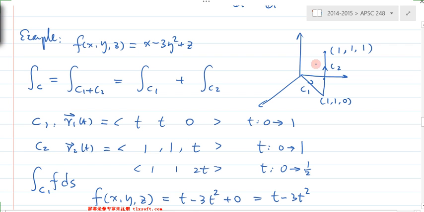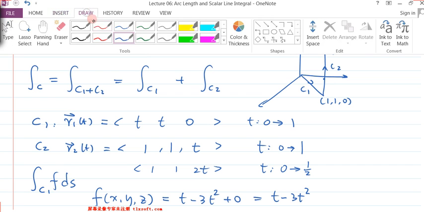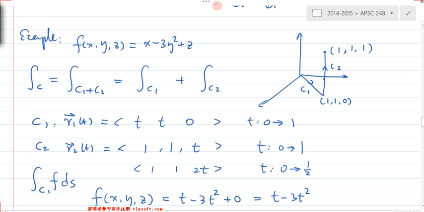Maybe the first portion of the curve is this. What's this? Maybe this is y equal to x squared. Or maybe the first portion of the curve is this. Now what's this guy? This is maybe half a circle, right?